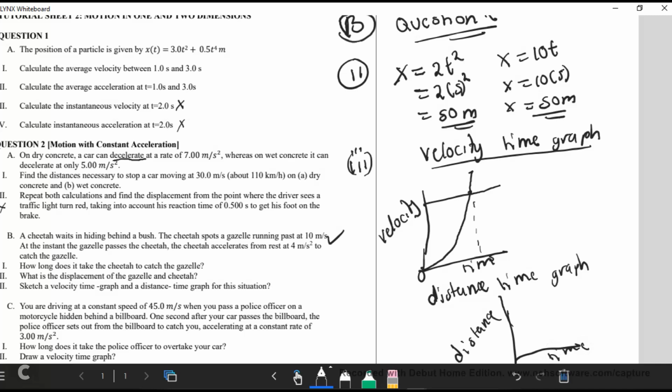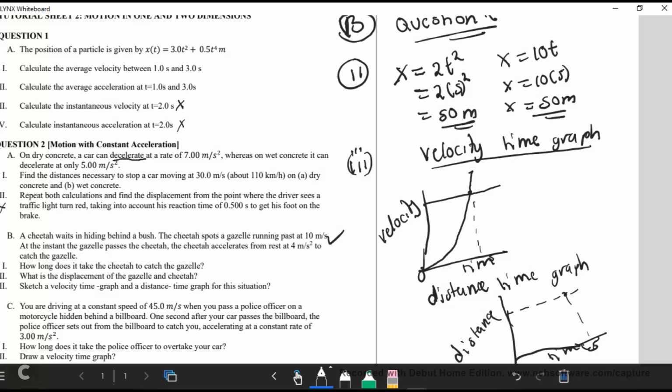Time. So what we're supposed to do here, remember that all of them traveled what distance? 50, right? So it's supposed to say 50 meters like that. Then even with the time, if you want, you can put the time down here, which is 5 seconds, like that. That's all. So that's how you answer question B.